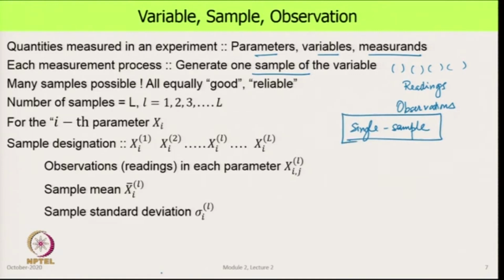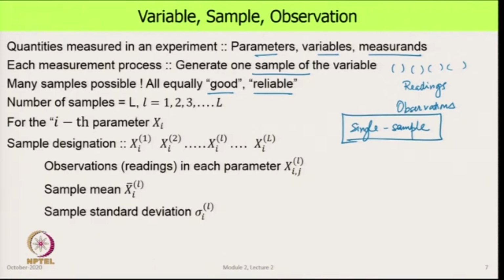And as we saw earlier, many samples are possible. We are not biased. We treat all of them as being good and reliable, and there is no obvious reason to say that we should discard any one of those samples. So, we are making that assumption.